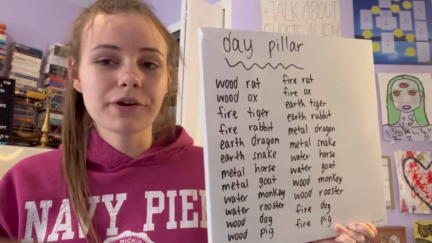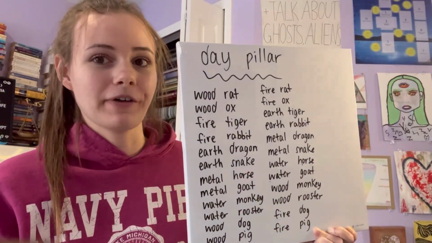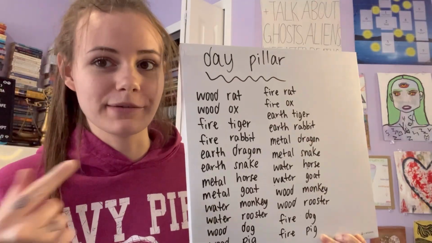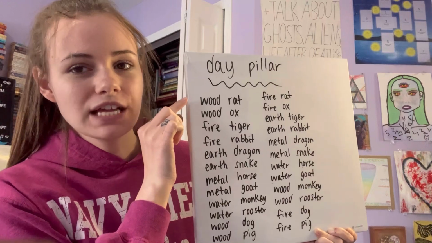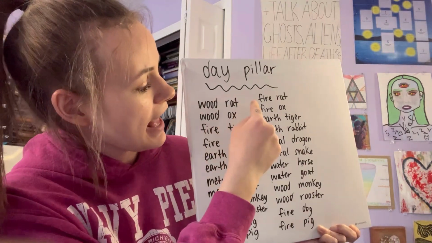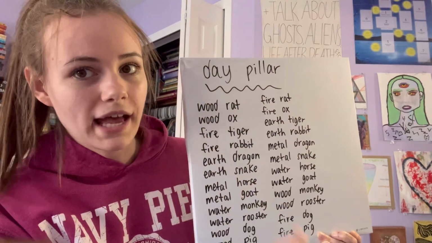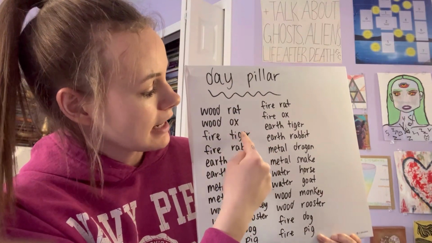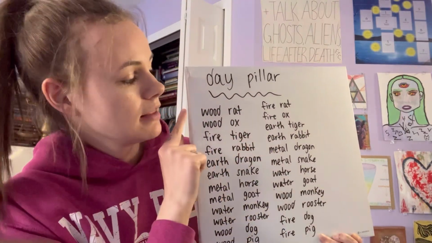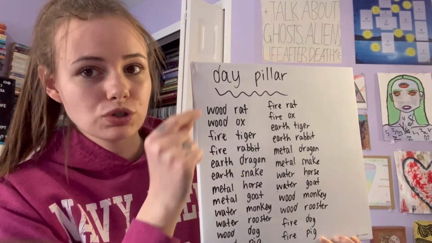Here's a quick rundown of the day pillars. Really, it's just a pattern that I found from researching different days in the BAZI calculator. So for the day pillars, they change every day. The animal signs switch one every day. That's why we have rat, and then the next day it's ox, the next day it's tiger, the next day it's rabbit. The elements, however, have like a 2-day cycle.